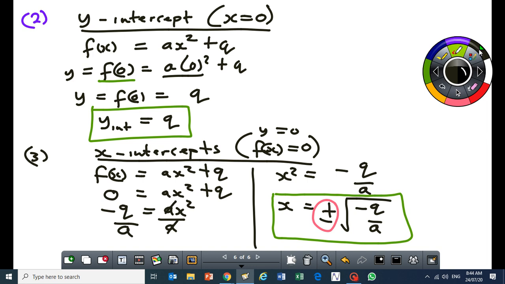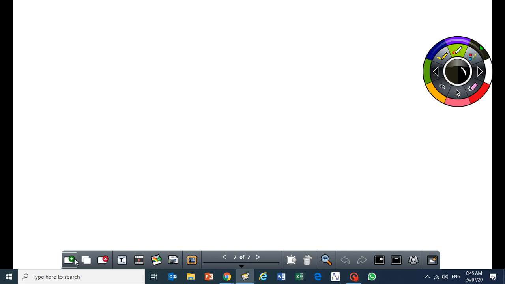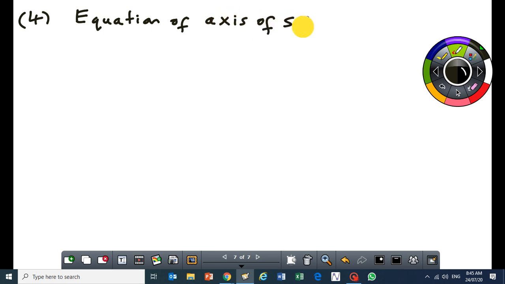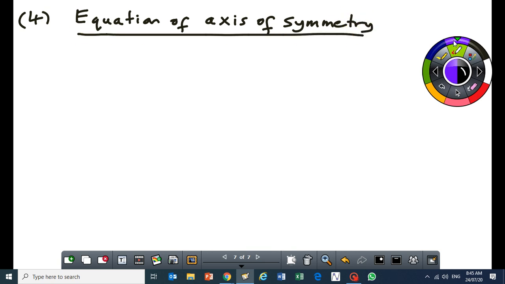Before I carry on, number 4, the equation of the axis of symmetry. Please take note, it's an equation.